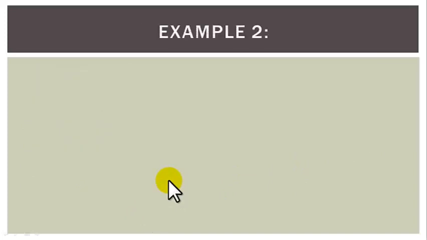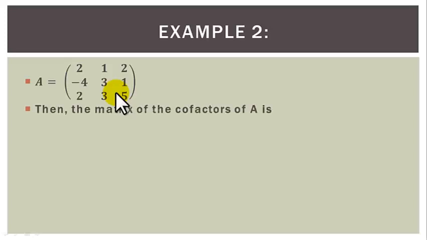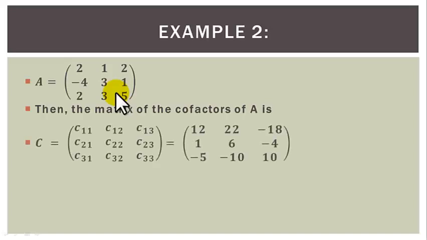Example 2. Again, let us consider this 3 by 3 square matrix A. Then the matrix of cofactors of A is this. We have already computed all the cofactors of this matrix in example 1.